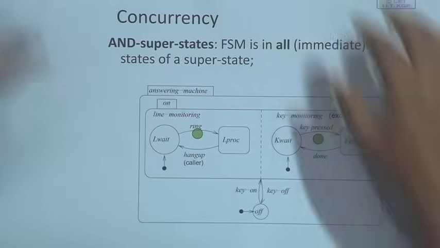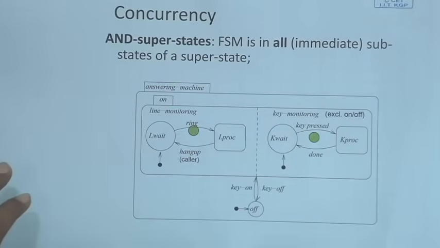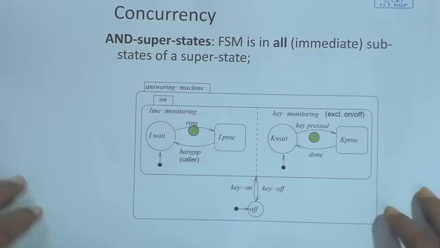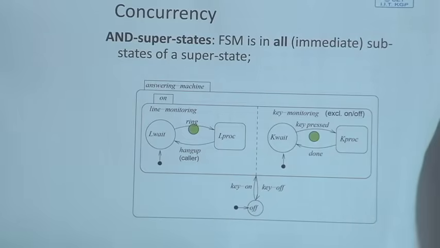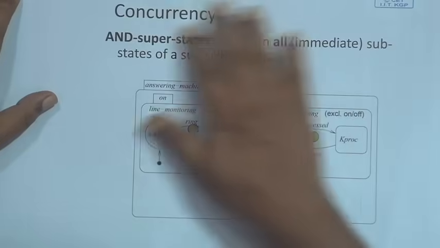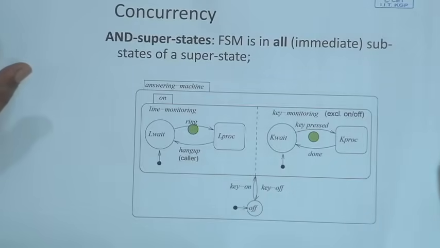Now, we have seen the hierarchy and how the hierarchy can be maintained. Next, we come to the issue of concurrency. Again, we are taking the example of an answering machine, and let us try to understand this answering machine. I assume that all of you have got some idea about what an answering machine is.